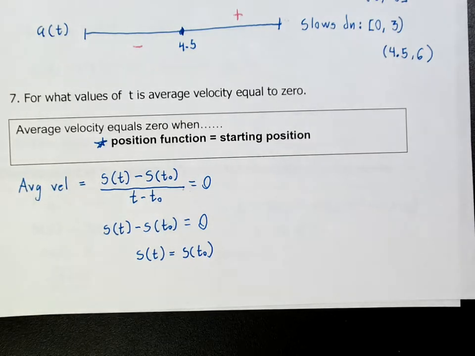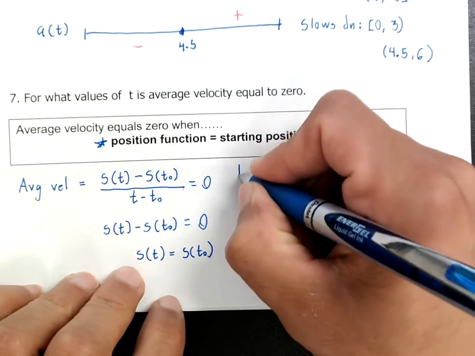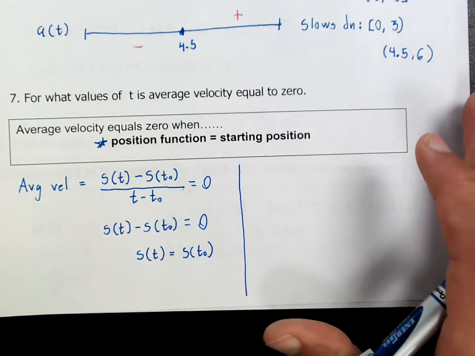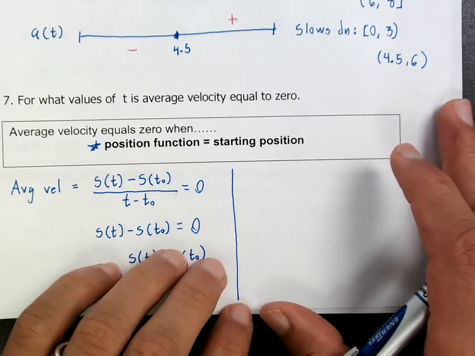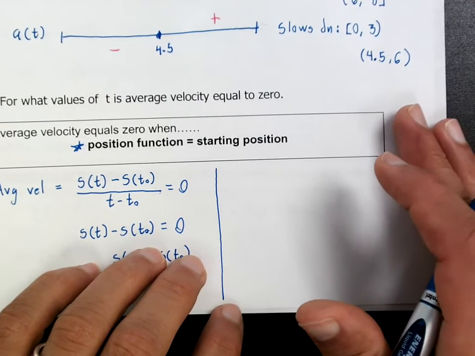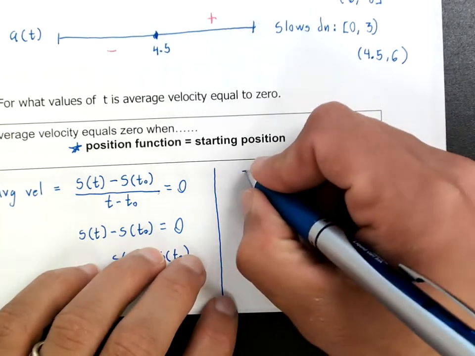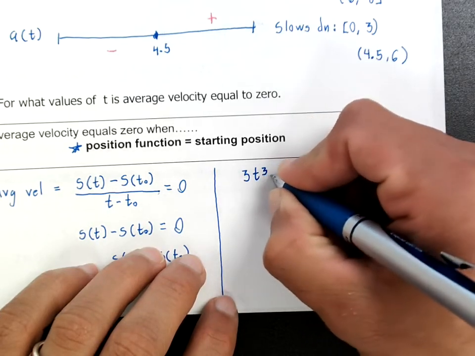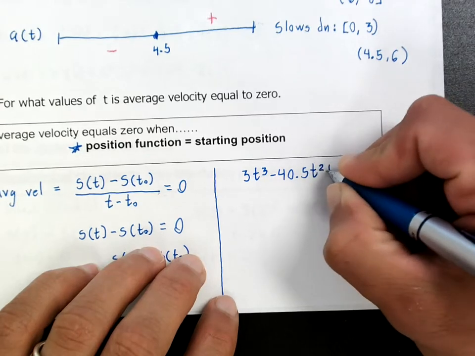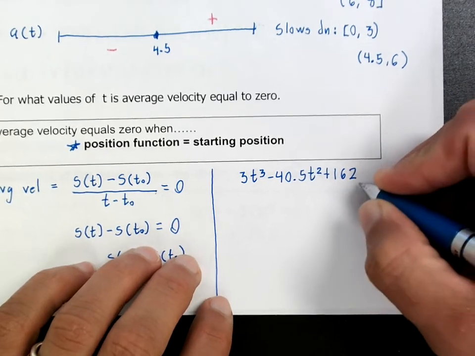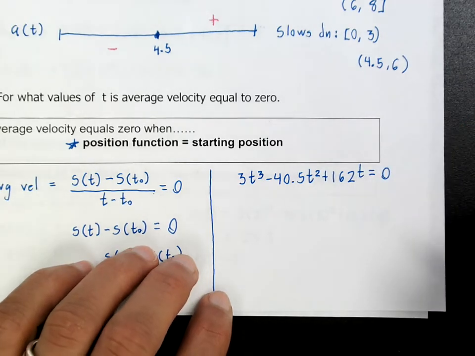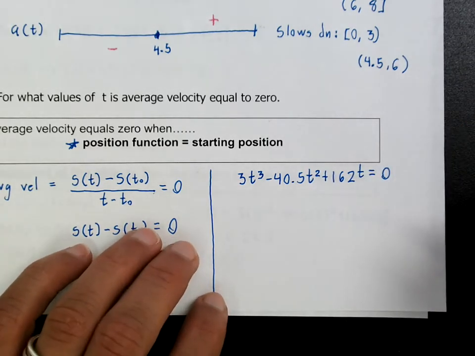So you have to have the initial and the final being equal. This is just proving to you that this was true. Now, to actually do this on the homework or for a problem, you're going to grab the position function and set that equal to 0 and solve.